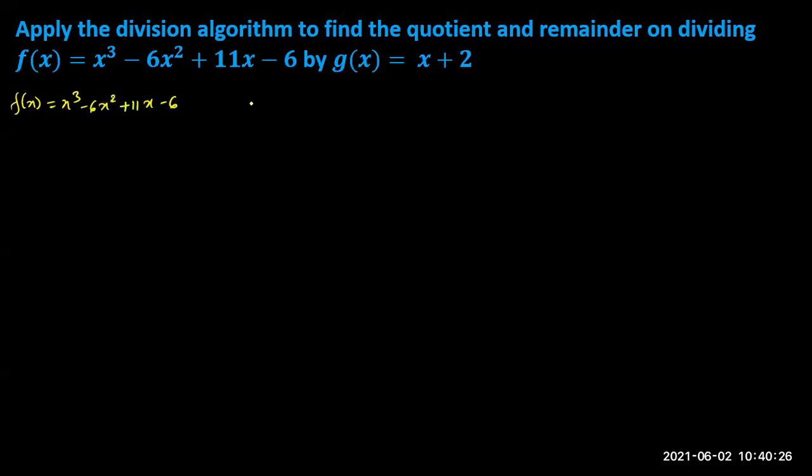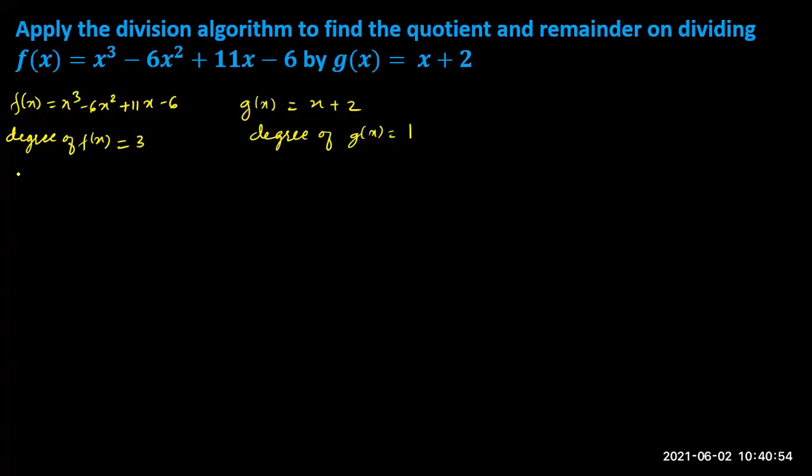And this polynomial you are dividing by g of x, that is x plus 2. Now you tell me what is the degree of f of x. 3, sir. Yes, the degree of f of x is 3 and the degree of g of x is 1.